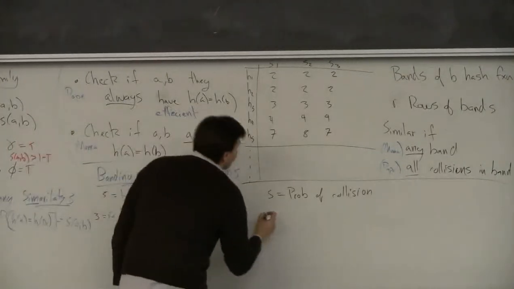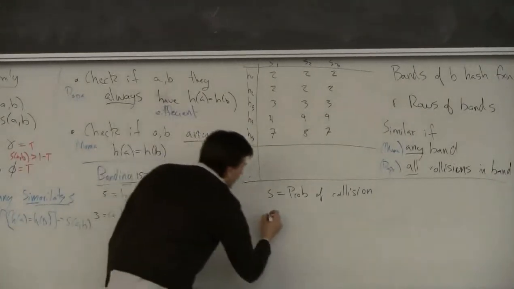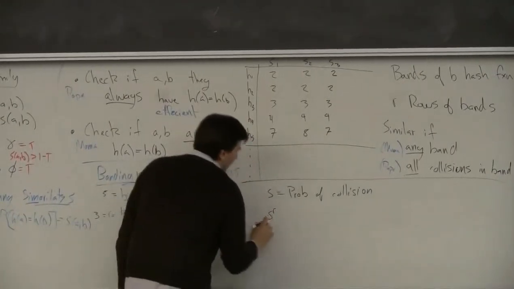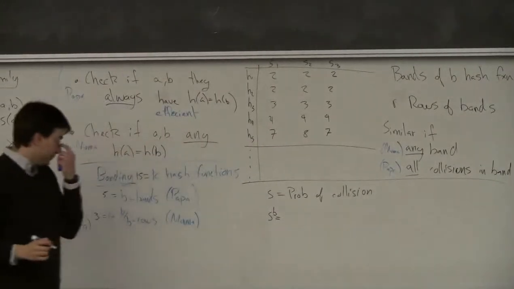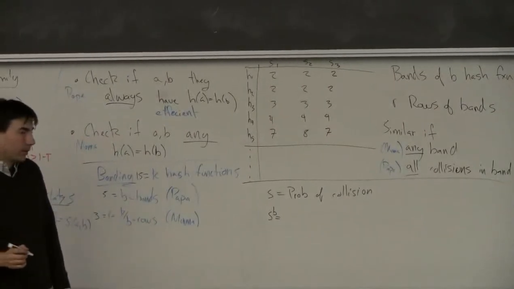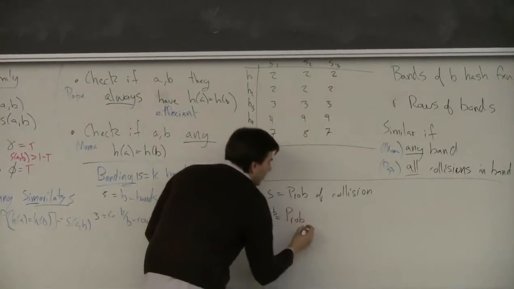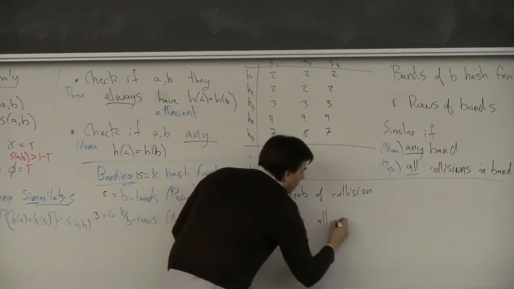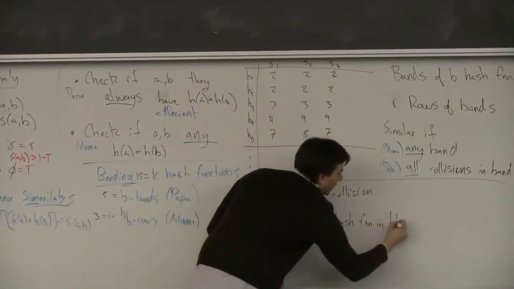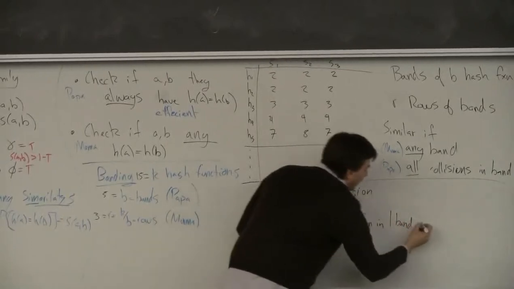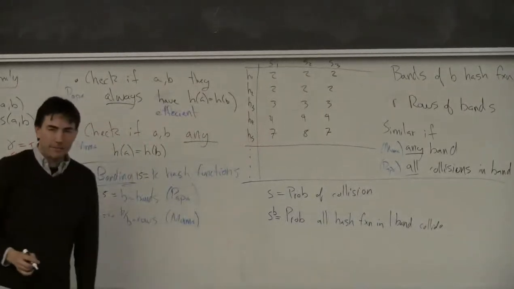That means S to the B is now going to be the probability that all hash functions in one band will collide.